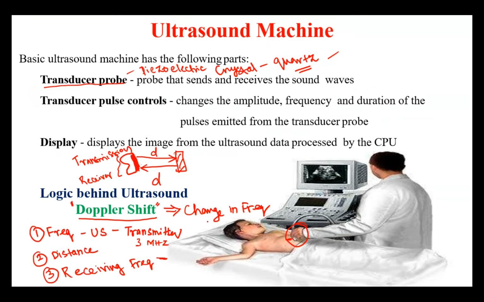Okay, so with this concept we can solve numericals easily. What will they ask? A question will come: how much frequency do you receive? Or what is the distance between your transmitting transducer and your area of interest?